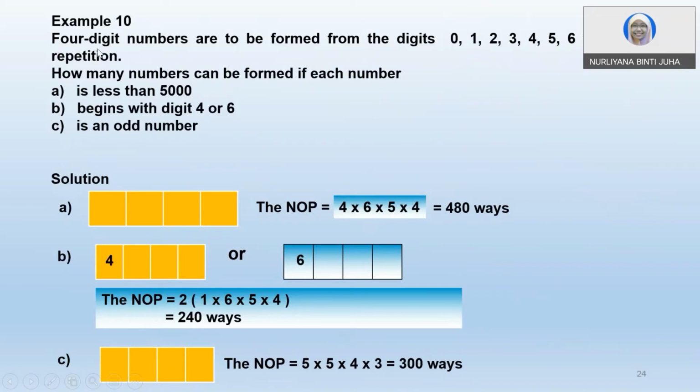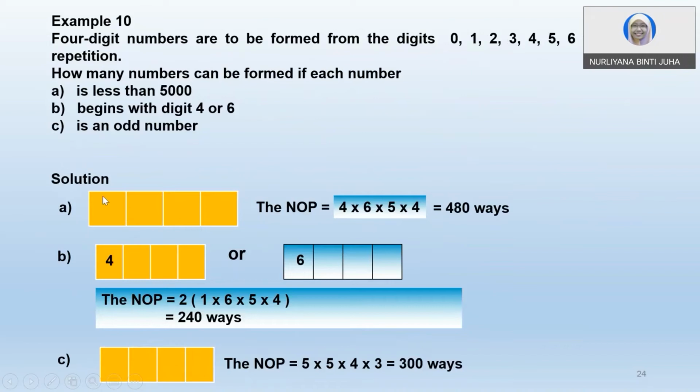Dia tetapkan dekat situ, tiada pengulangan. So how many numbers can be formed if each number is less than 5,000? Okay. So berapa banyak nombor yang kita boleh bentukkan kalau nombor tu kurang daripada 5,000 and tidak ada pengulangan. Tidak ada pengulangan maksudnya setiap nombor ni hanya boleh guna sekali sahaja.